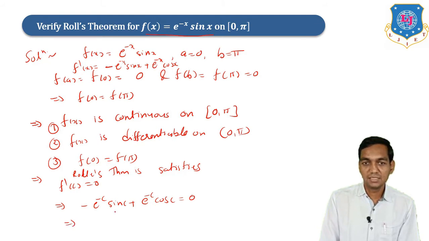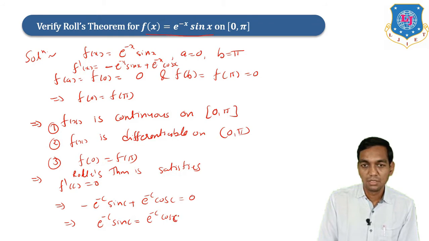Now e raised to minus c term, we are going to take to the opposite side. So you have e raised to minus c sin c is equal to e raised to minus c cos c. But e raised to minus c is not 0, so this will cancel out, and that will give you tan c is equal to 1.